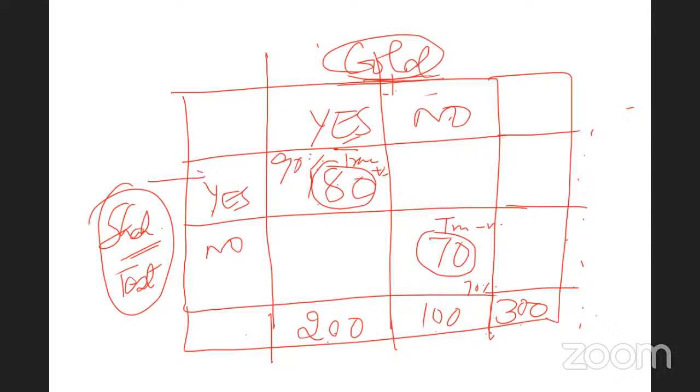Here is the label of positive. Here is the total number of negative. Out of 100, 30 were labeled as positive by this test, even though they were negative. So this is known as false positive. Falsely labeled as positive is a false positive.